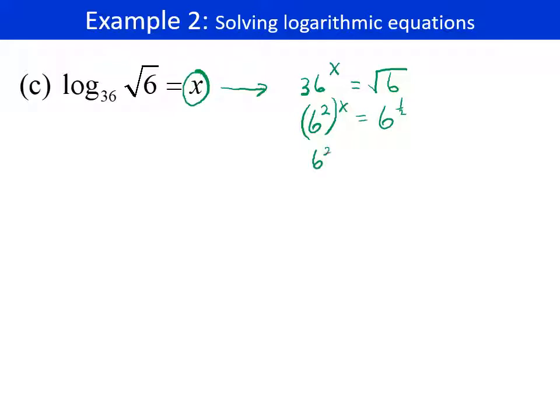So we have 6 to the 2x equals 6 to the 1/2. And the only way that these two can be equal, since the bases are the same, is for 2x to be equal to the 1/2. And if we divide both sides by 2, we get x equals 1/4.